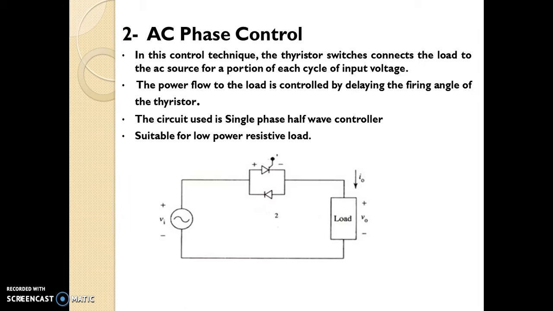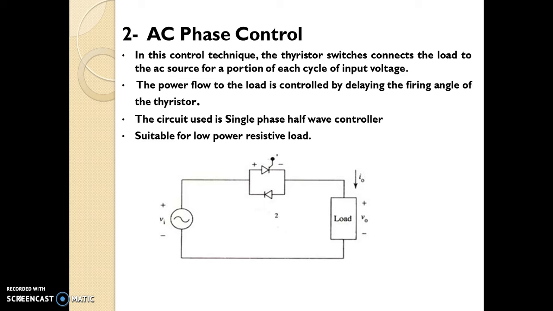The second control type is AC phase control. In this control technique, the thyristor switches connect the load to the source for a portion of each cycle of the input voltage. In the on-off control technique, we saw that the thyristor switches connect the load to the source for a few cycles and then disconnect it for a few cycles. But here we connect the load to the source for a portion of each cycle of the input voltage.